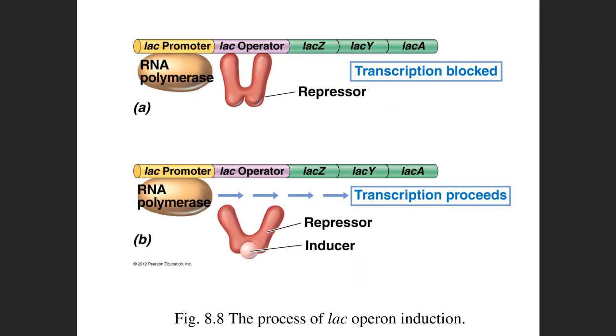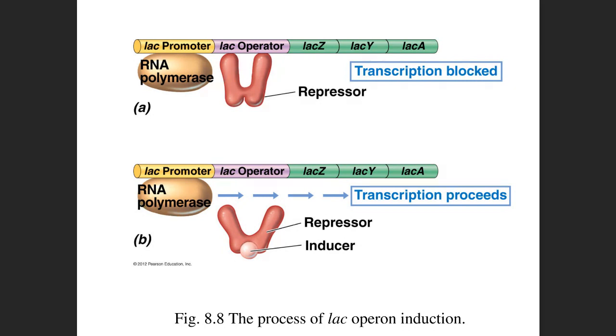Okay, so we're going to take a look at a real life example, the lac operon. There are some things in molecular biology and genetics where you will benefit from having a real life example.